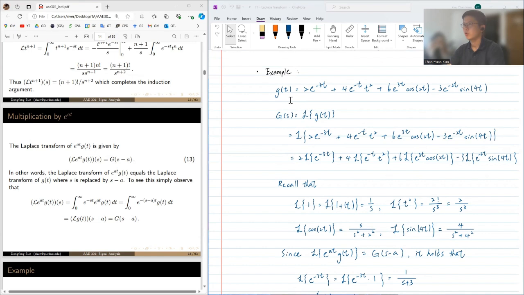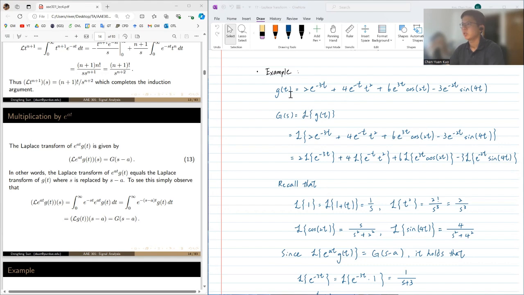In this example, we will look at this function g of t, which equals 2 times e to the negative 3t plus 4 times e to the negative t times t squared plus 6 times e to the power of 3t times cosine of 2t minus 3 times e to the negative 2t times sine of 4t.